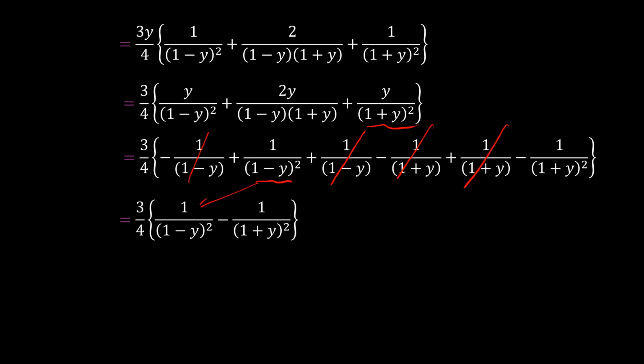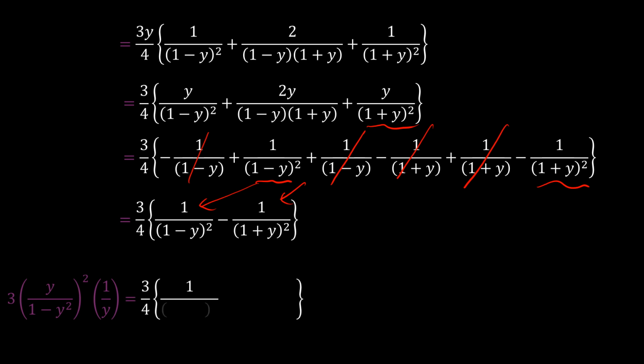This part here comes here, and then this part comes here. So we have the purple part, 3 times y over 1 minus y squared, all squared, times 1 over y, being equal to 3/4 times 1 over 1 minus y squared minus 1 over 1 plus y squared.